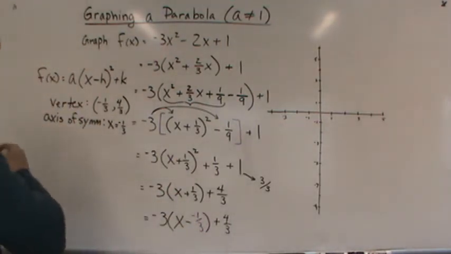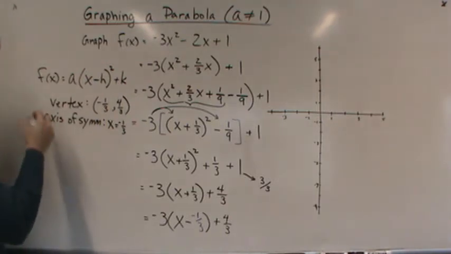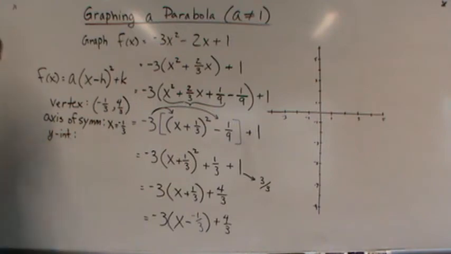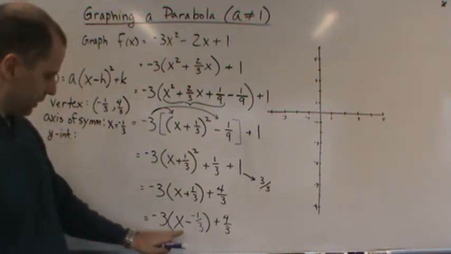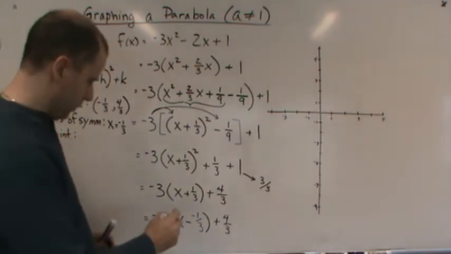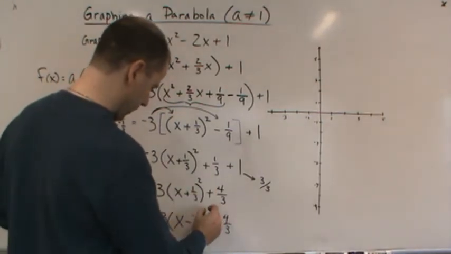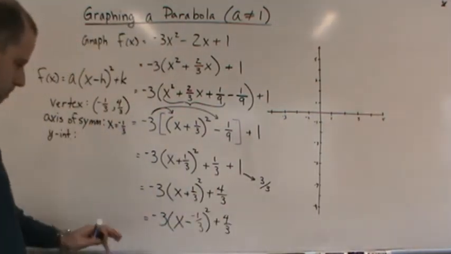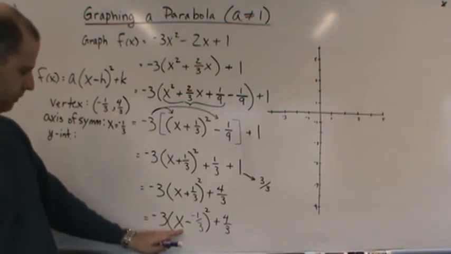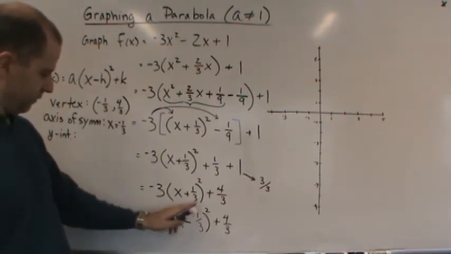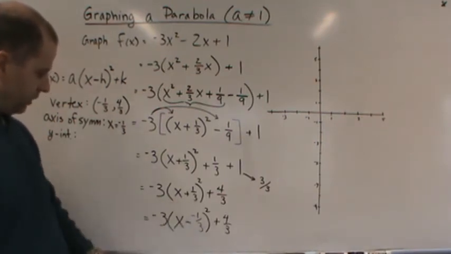So let's start with the y-intercept. For the y-intercept, we're going to set x equal to 0, which, oops, I dropped the square. Can't do that. So x equals 0, which means this is going to give us a 1/3.